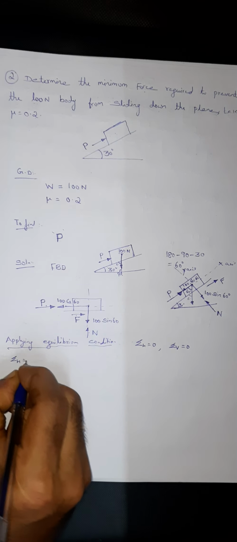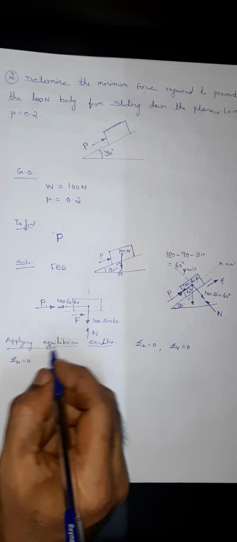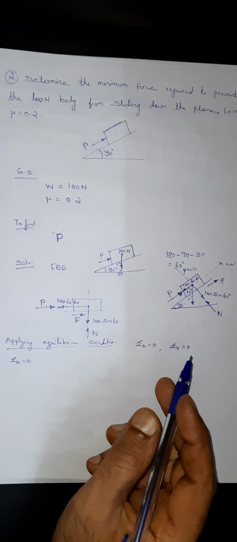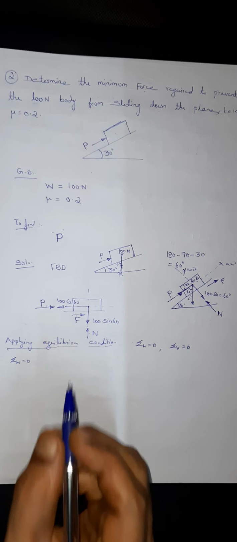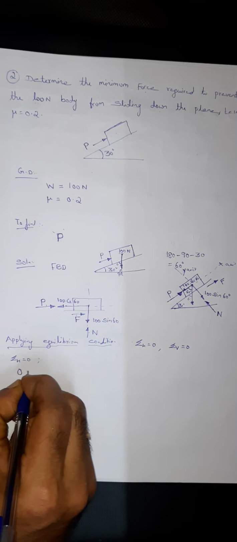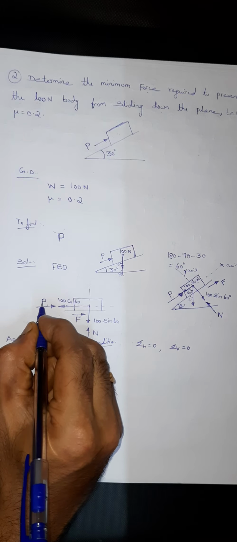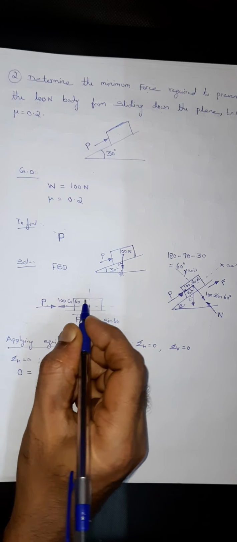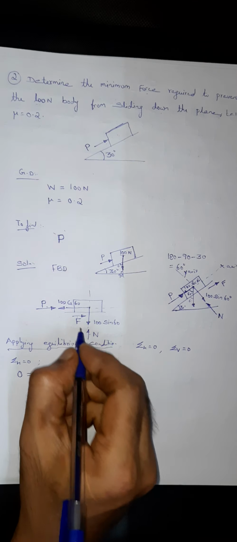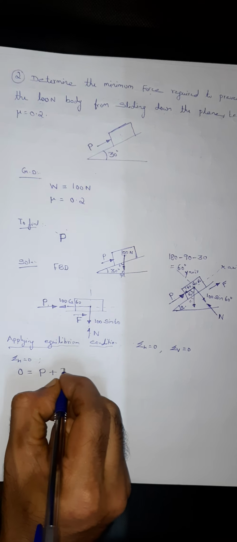Summation H equal to 0 means we resolve all the horizontal forces, whether in positive x direction or negative x direction. 0 equal to P, which is acting in the positive x direction, and F is also acting in the positive x direction.